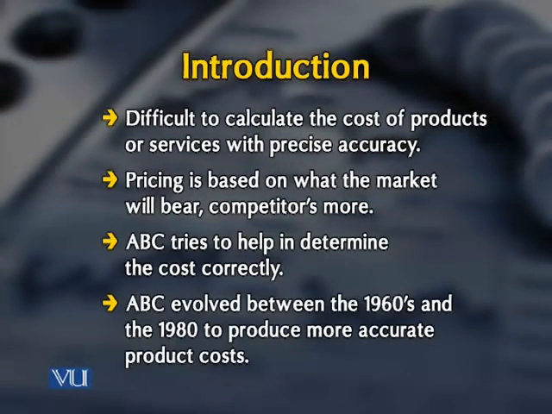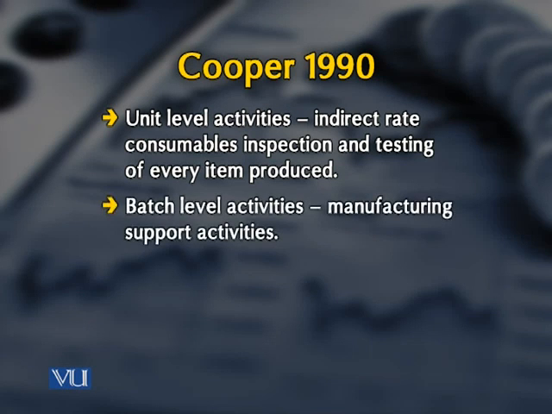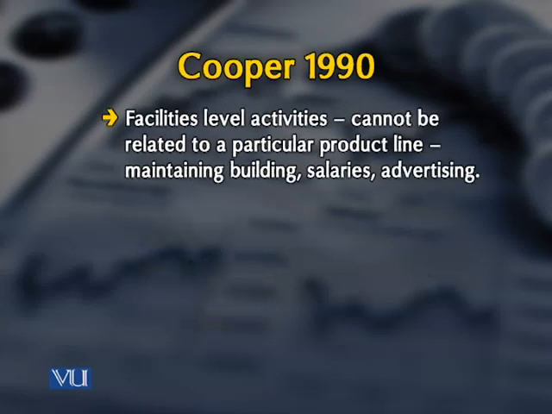ABC evolved between 1960 and 1980 to produce more accurate product cost. Then Kaplan and Cooper, in 1990, said there are four levels: unit level activities, like indirect consumables, and inspection and testing of every item produced; batch level activities, which are manufacturing support activities; product level activities, meaning a new product line and its maintenance, design and advertising cost; and facilities level, where capacity cannot be related to a particular product line, like maintaining buildings, salaries, advertising, and so on.